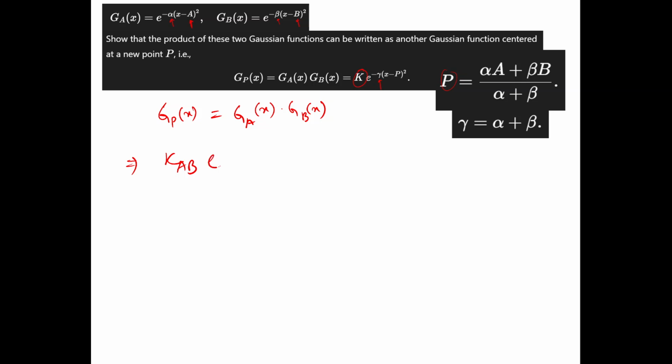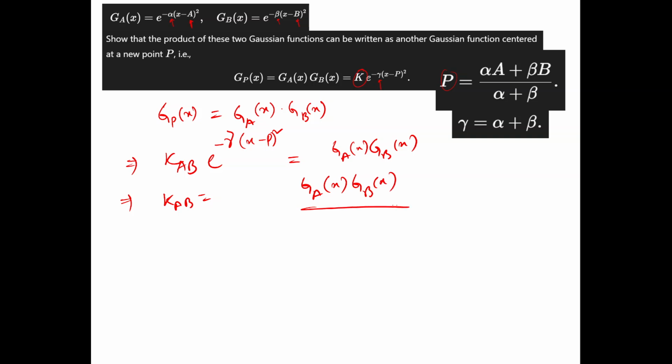So this is actually e to the power minus gamma (x minus P) square, which is equal to G_A(x) G_B(x), right? So K_AB is G_A(x) G_B(x) divided by e to the power minus gamma (x minus P) square, right? So let's give it equation number 1.